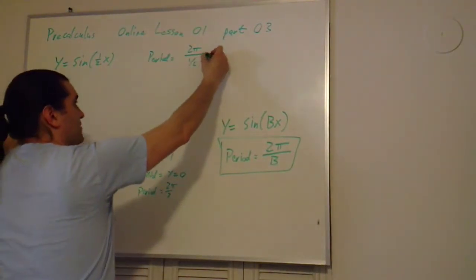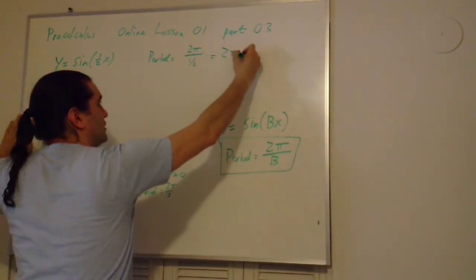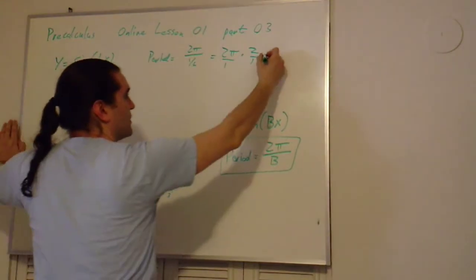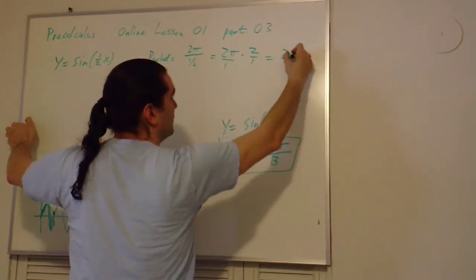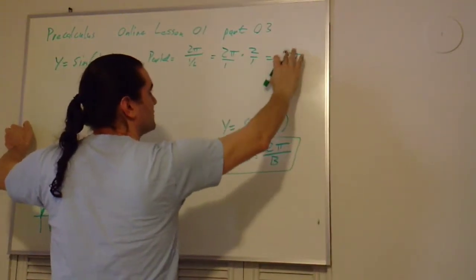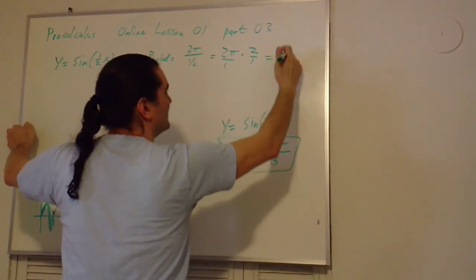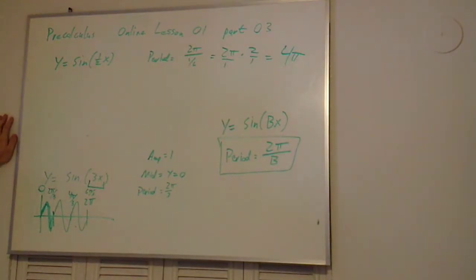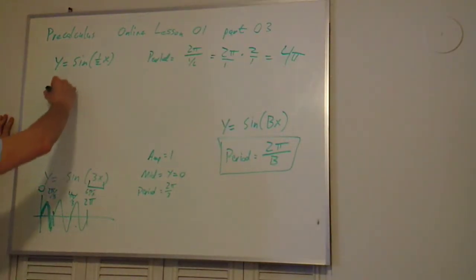So how do you divide by 1/2? You multiply by the reciprocal, which is the same as multiplying by 2. You get 4 pi as your period for this function.